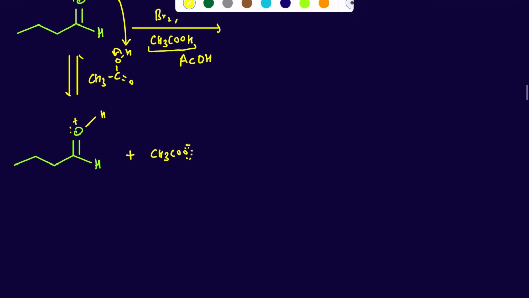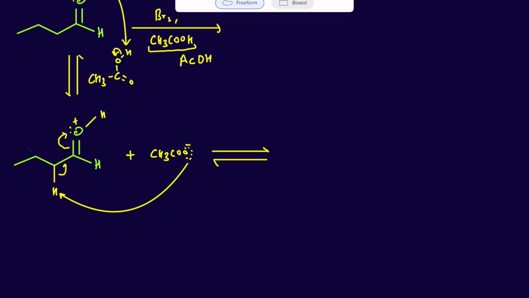And then in the next step, I can go ahead and have an enol formed here, which means I'm going to lose one of these hydrogens here. So this conjugate base comes back. So now it grabs the proton at the alpha position. This falls back to make the enol. And then this pi bond breaks to restore the electron density on that oxygen.